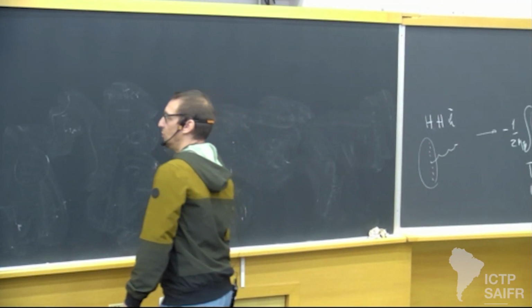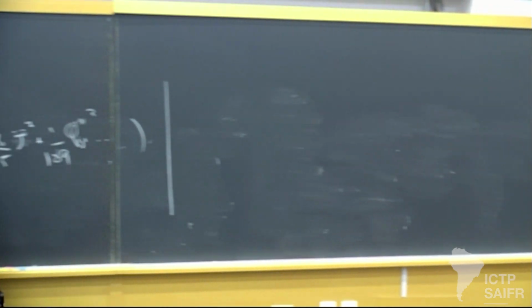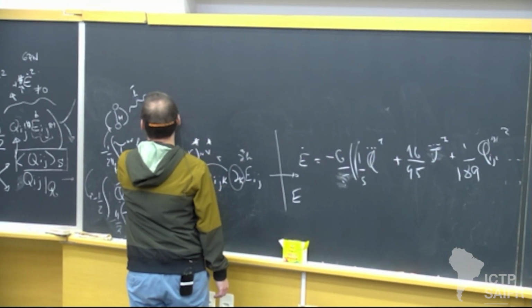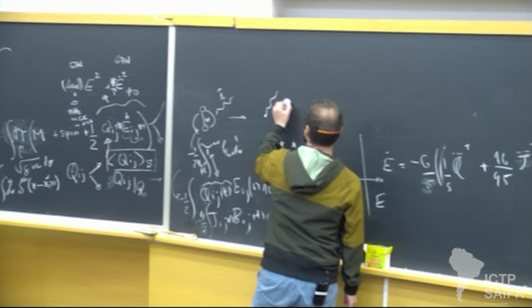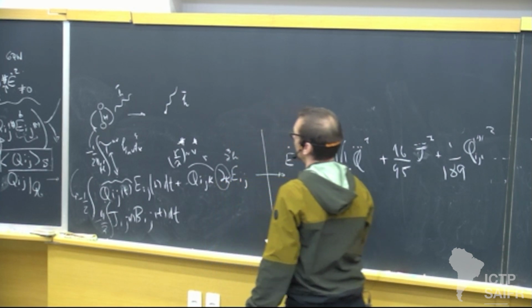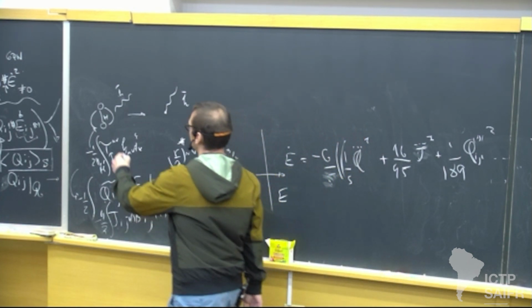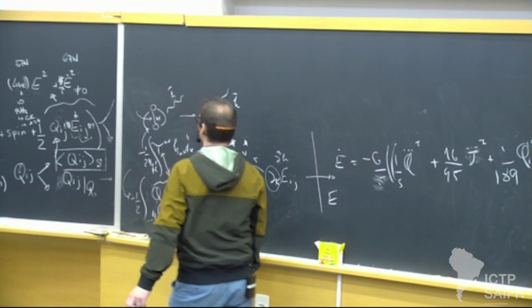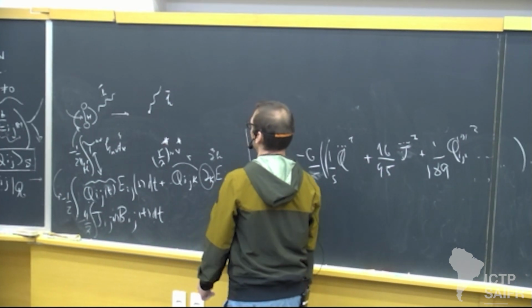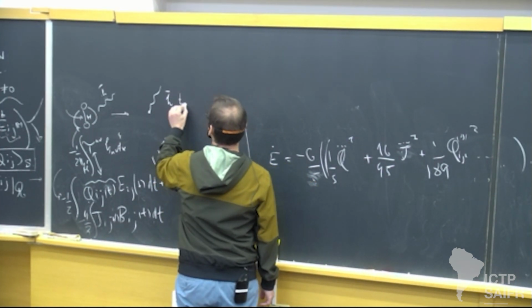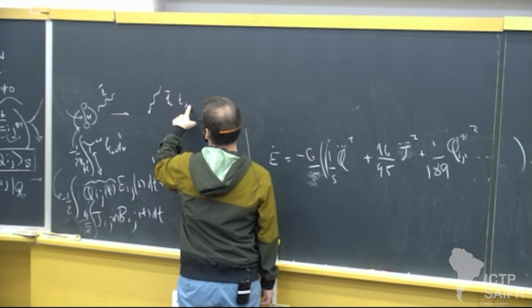And what I do is, well, I match. I treat this as a point particle. What does that mean? Well, that means that I sit here somewhere, conveniently in the center of mass. So this guy is going to be a function of x.